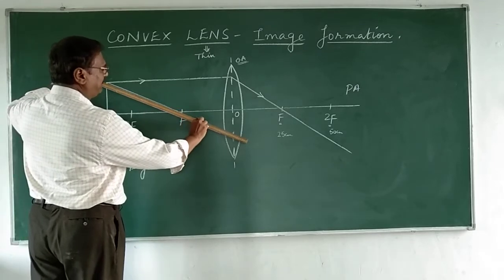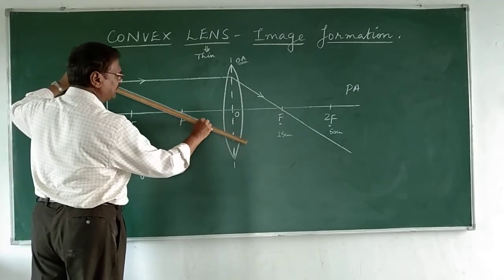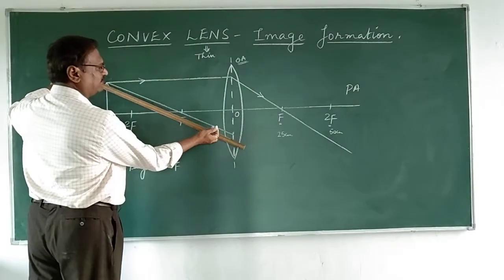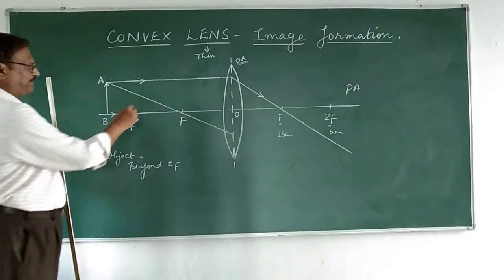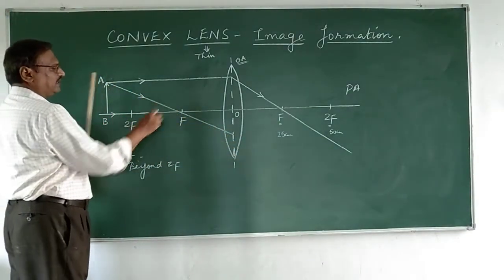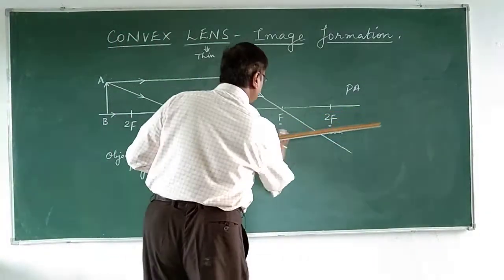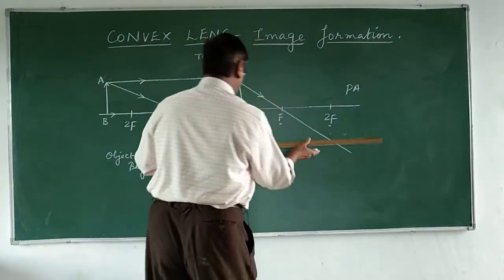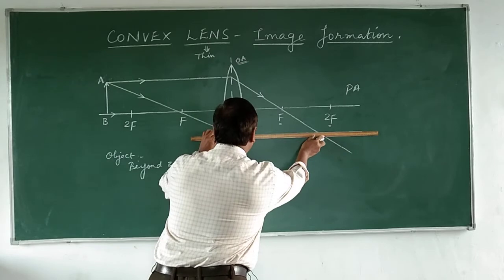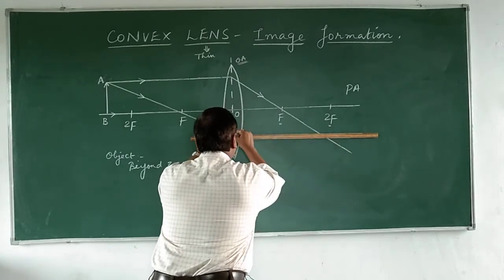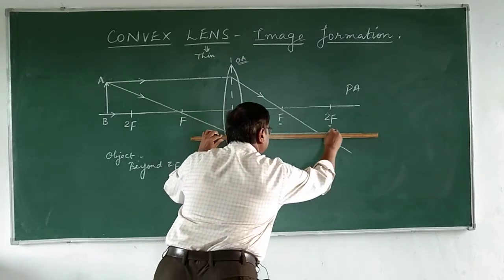Now, what do you think should happen to the ray? It should strike the lens. When it passes through the focus, it should become parallel to the principal axis.